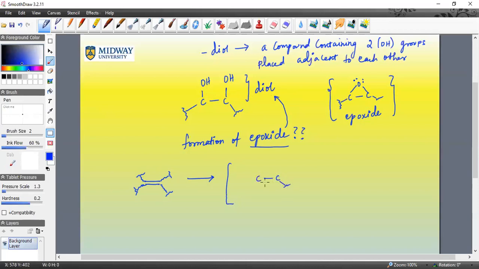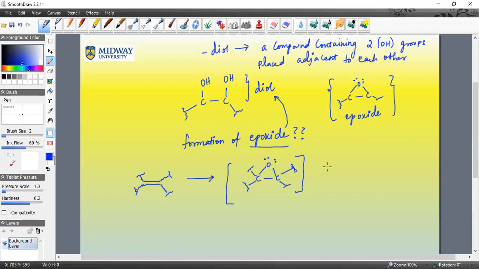As I said, this could be attached to anything, but it must go through this form. It's the epoxide, and the epoxide is an intermediate.